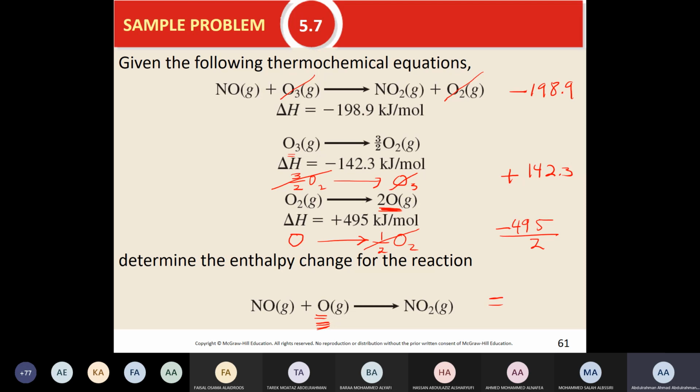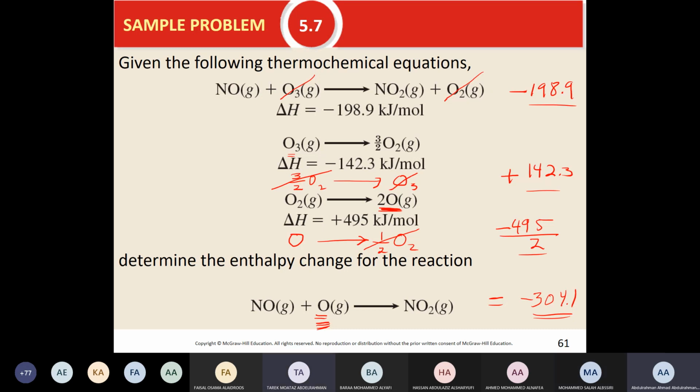Do it for me. Add this number plus this number plus this number. Give me an answer. Minus 304.1. 304.1. Is this clear? That's how we do Hess law.